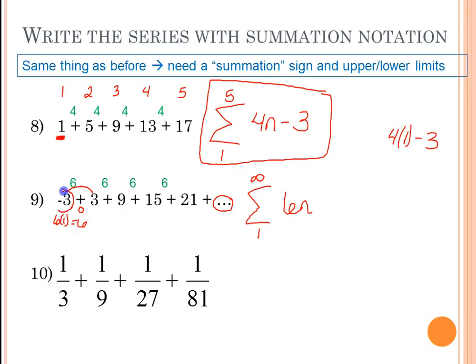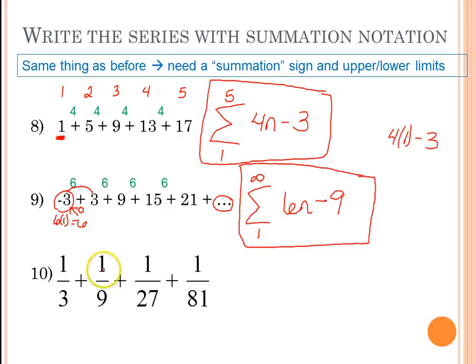But I need my first term to be negative 3. So what do I have to do with 6 to turn it into a negative 3? I need to subtract how much? I need to subtract 9. So that's your summation for the second one.